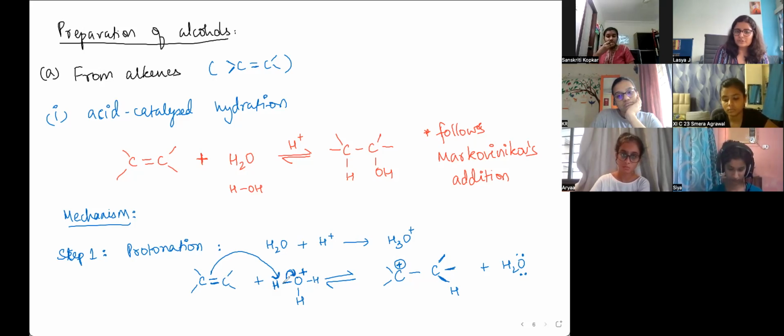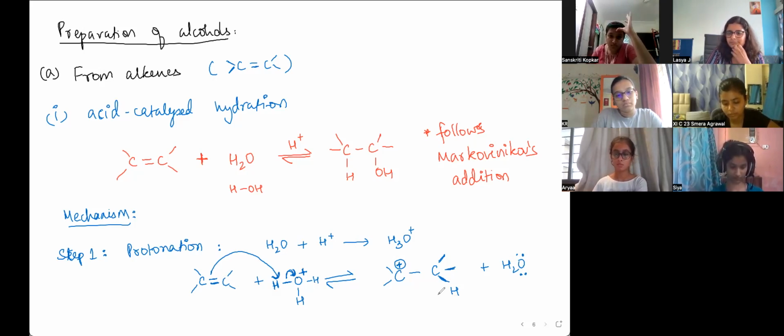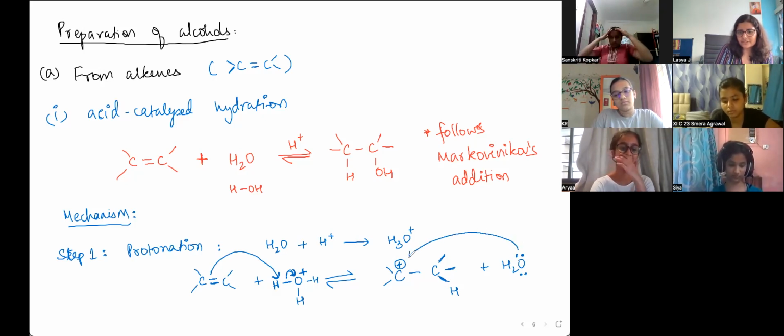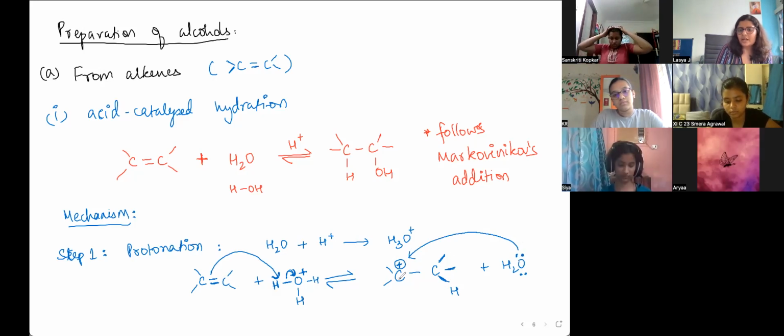And because the oxygen took back its pair of electrons, it's back to being a water molecule again. Then the positively charged carbon is again attracted to the negatively charged electrons. Positive and negative attract, so they form a bond with carbon. That takes us to the next step.